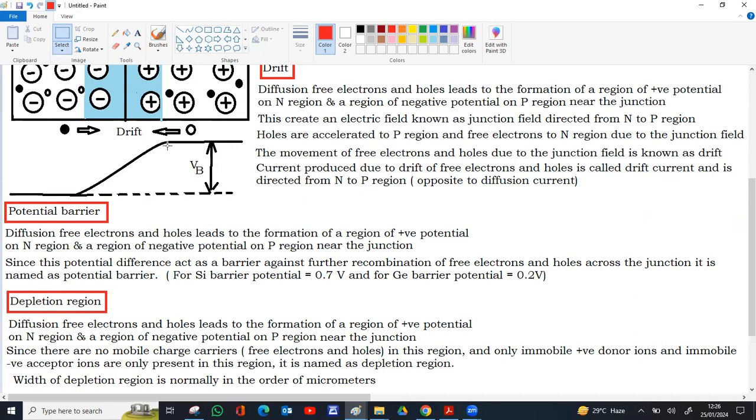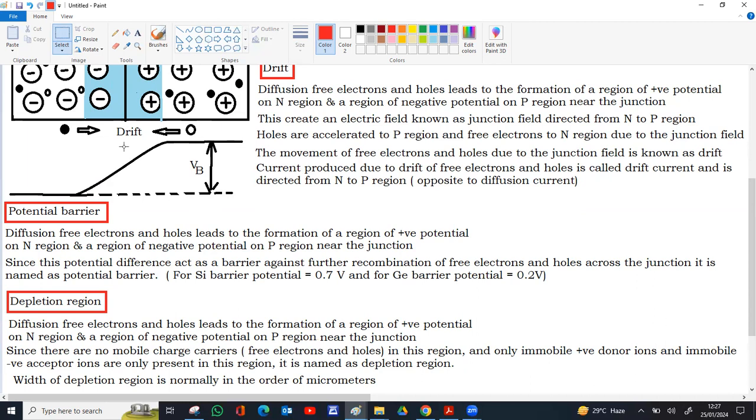Here is another diagram. This shows the variation of potential barrier across the junction. So this P side is at lower potential, negative. The N side is at higher potential, positive. The central region will be at zero potential because negative and positive potential add up and cancel off. So going to the left side, the potential decreases, and going to the right side, the potential increases.